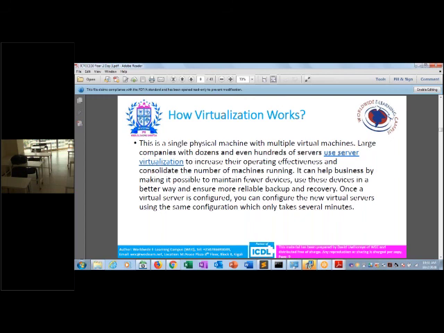Large companies with dozens and even hundreds of servers use server virtualization to increase operating effectiveness and consolidate the number of machines running. It can help business by making it possible to maintain fewer devices, instead of buying several hardware devices.